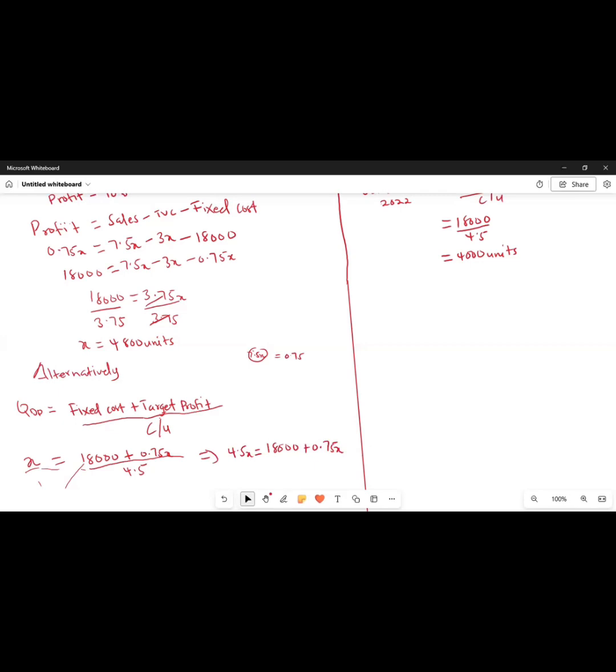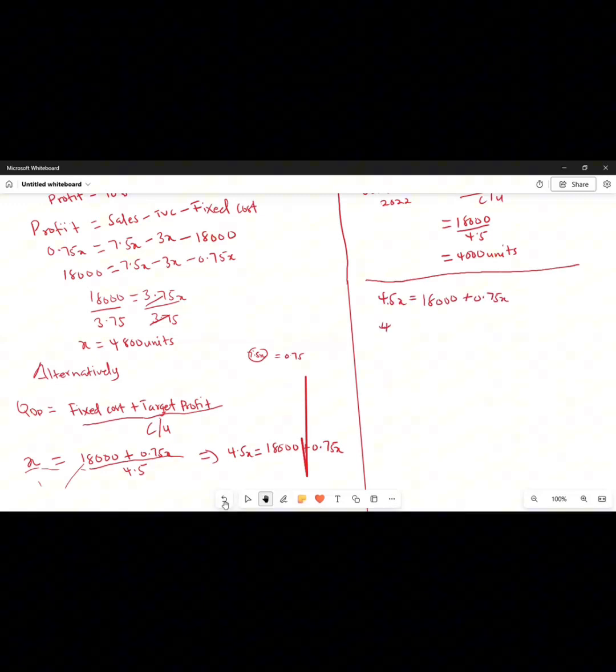From here, when we group like terms, it is equal to 18,000.